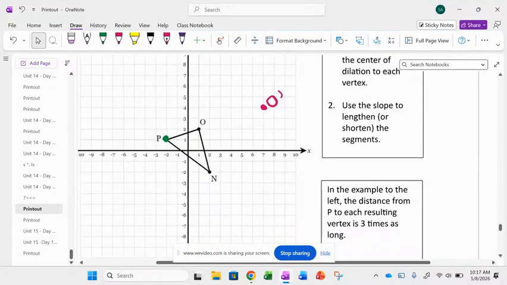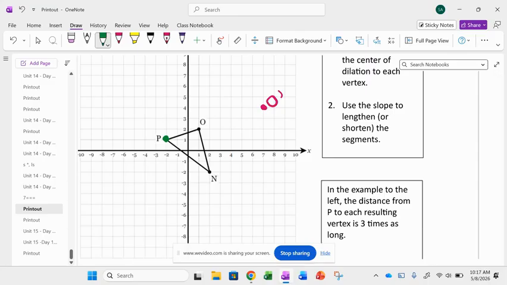Let's just get the other points first, and then I'll tell you what we're going to do from there. So now I'm going to go from my center of dilation, P, to N. To get from P to N, I'm going down 3, and then to the right 1, 2, 3, 4. So now remember, my scale factor is 3.